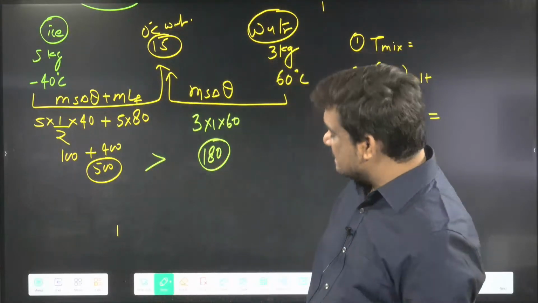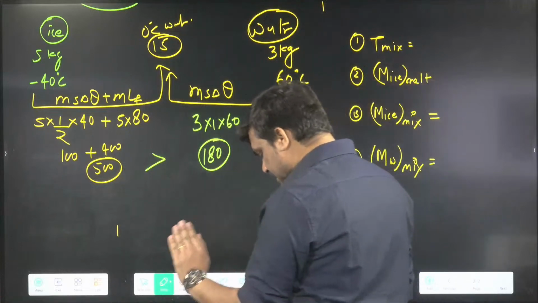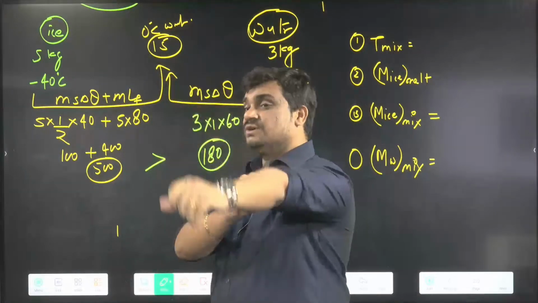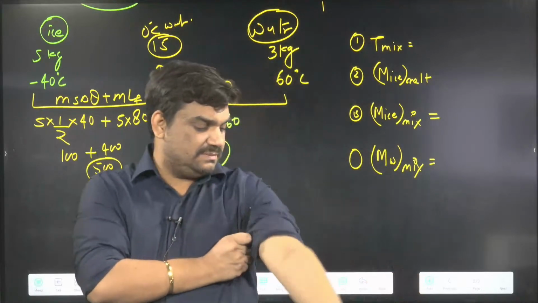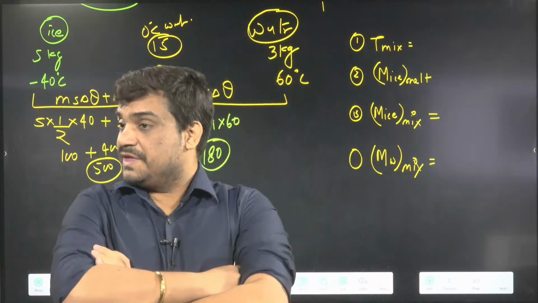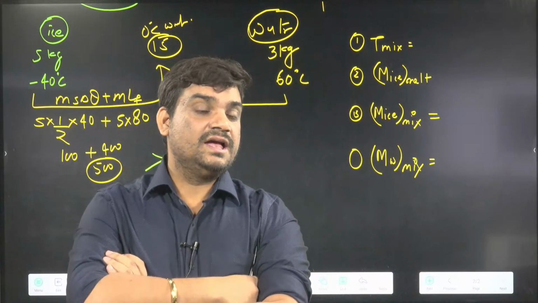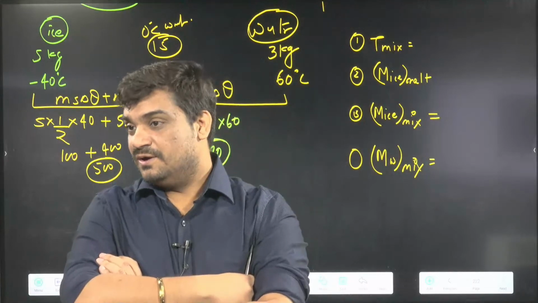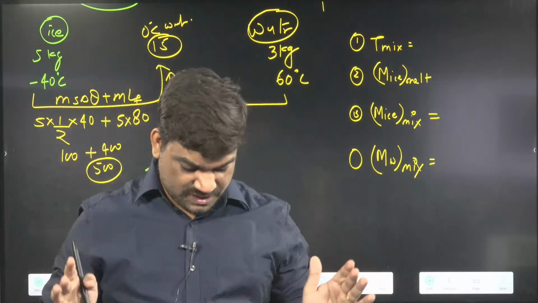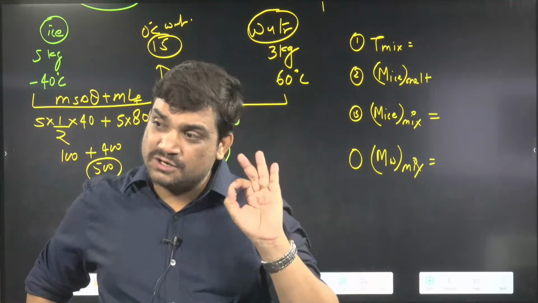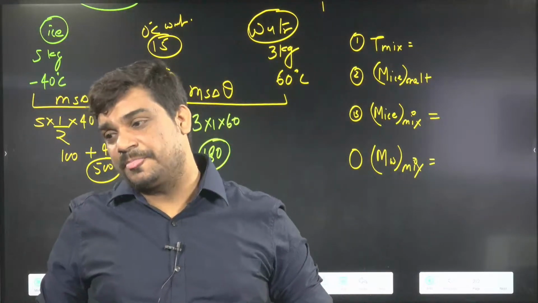So in this case, 100% there will be partial melting, and if there is partial melting, there will be ice as well as water. And if ice and water are both there, then what is the temperature of the mixture?